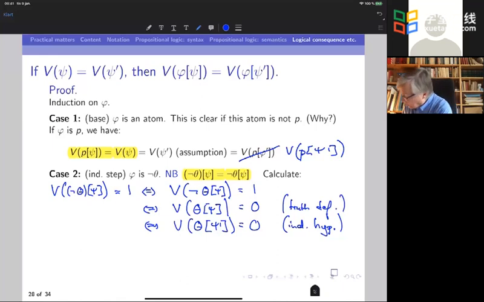And then we can go on, because now we use the truth definition again, which says that this holds if and only if the value of not theta square brackets psi prime is 1. So this is again the truth definition.